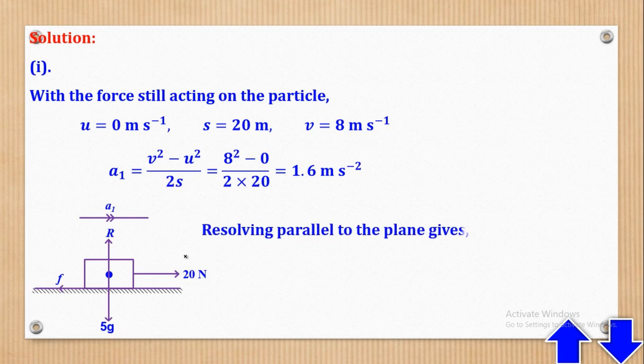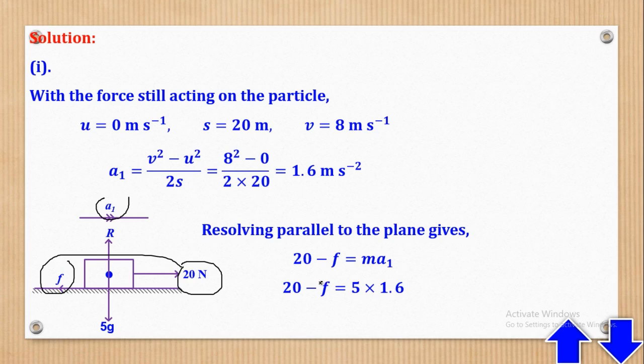So now we are going to resolve parallel to the plane. This implies that the forward force, which is 20 minus F, is the resultant force, and it is equal to MA1. But I know that M is 5 kilograms, therefore I'll substitute, and I'll remain with only F, which is the only unknown. Therefore when I make F the subject, I'll come up with F being equal to 12 newtons.